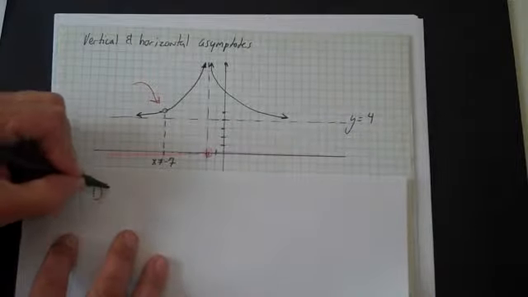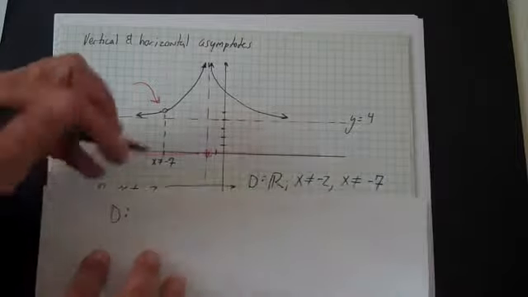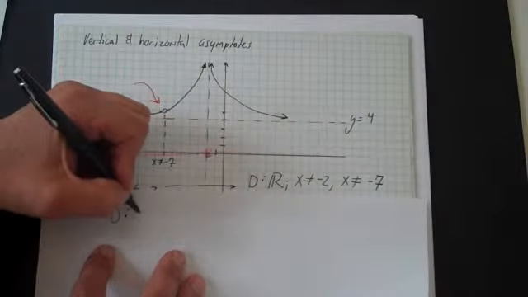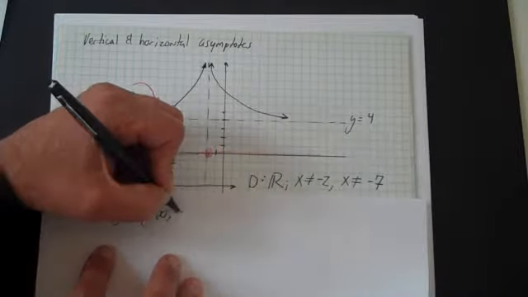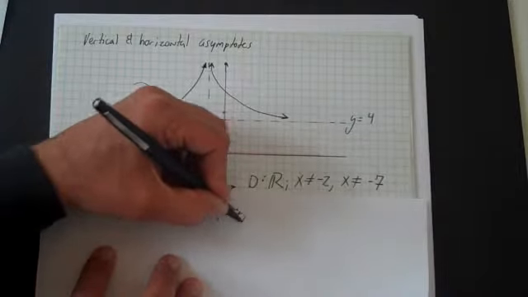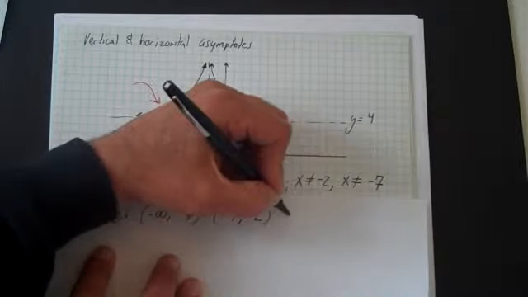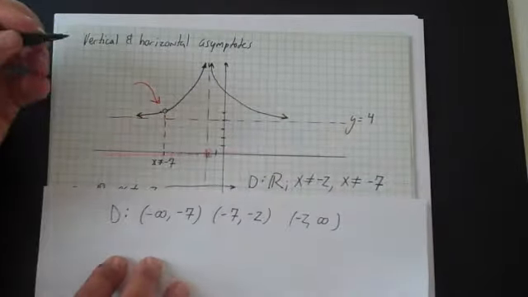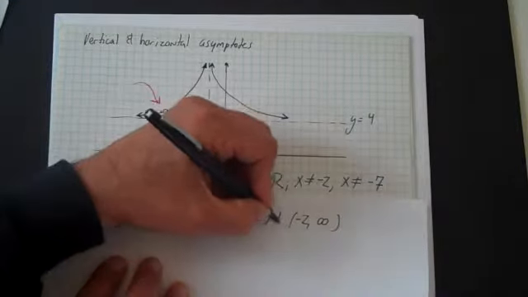So let's write domain and range both. Domain here is all real numbers, not minus 2 and not minus 7. In interval notation, that would be from minus infinity to minus 7, from minus 7 to minus 2, and then from minus 2 to infinity. And there's going to be an and sign between all of those, or if we use set notation, a union symbol.